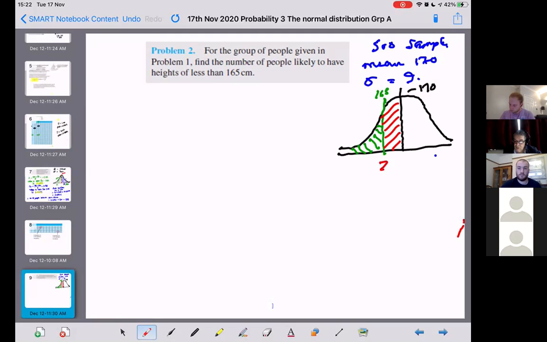So the first thing we need to do is find Z. It's our value, 165, take away our mean, 170, divide by the standard deviation 9.